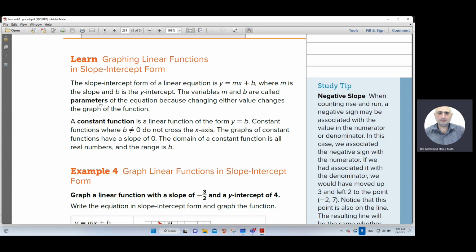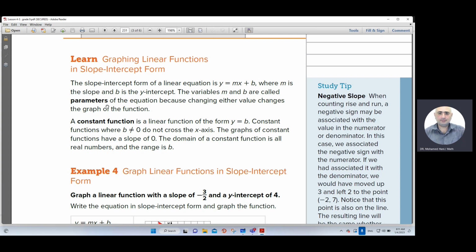So what is the meaning of parameters? The variables m and b.